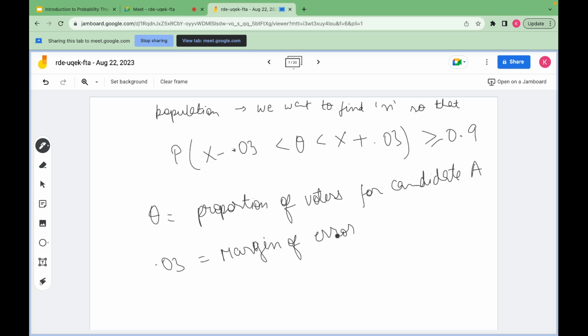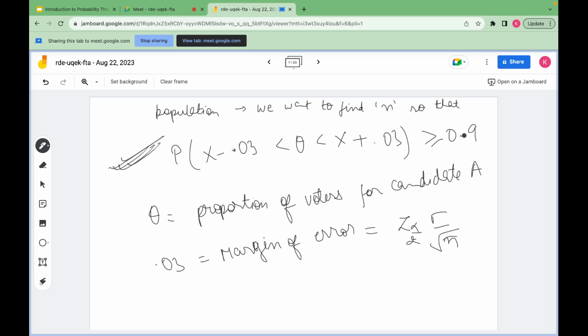Margin of error is nothing but z alpha by 2 into sigma by root n. So we need to find this n value such that this will hold.